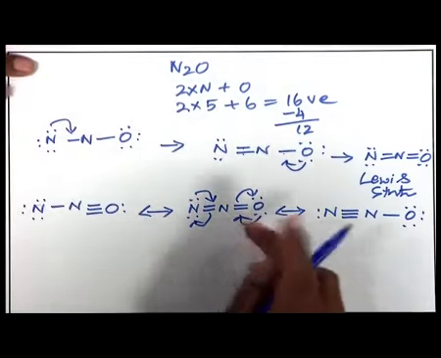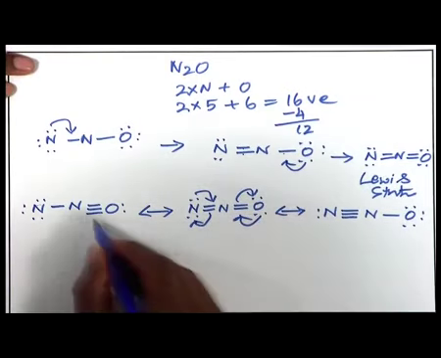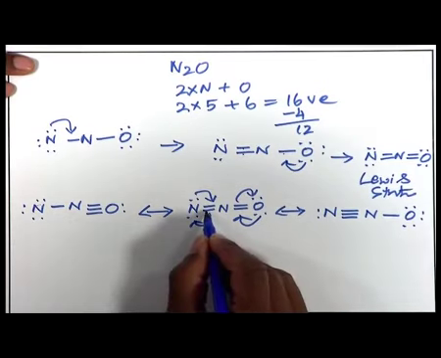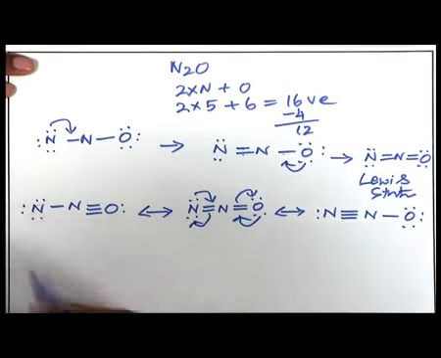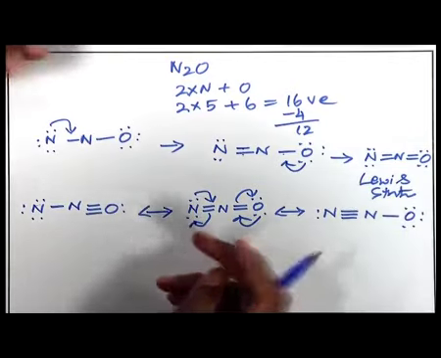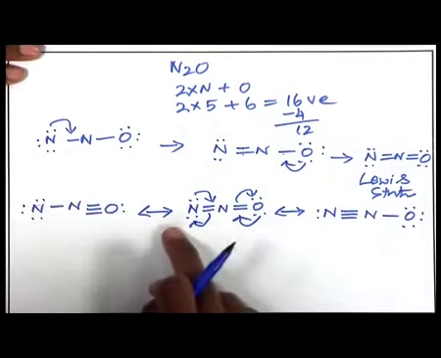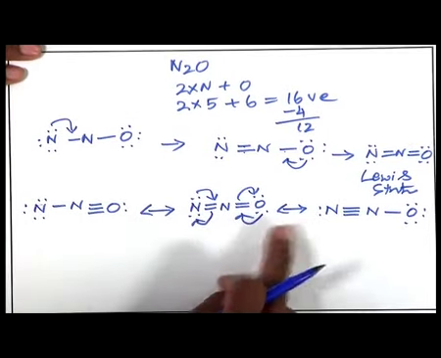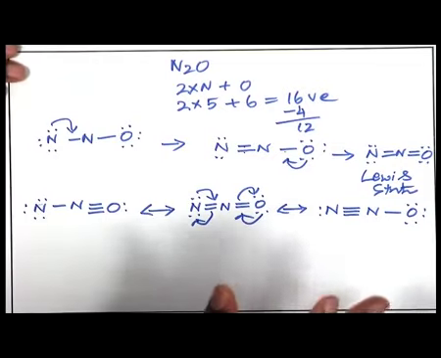So, from this structure what we did is take away the lone pair from this oxygen, then it becomes a triple bond, and then this bonding pair is changed to a lone pair, then it becomes a single bond, and you can see the structure like that. Now, this structure is also a correct Lewis dot structure, but they are all called resonance structures or canonical structures or imaginary structures contributing to the actual electronic ground state of N2O.